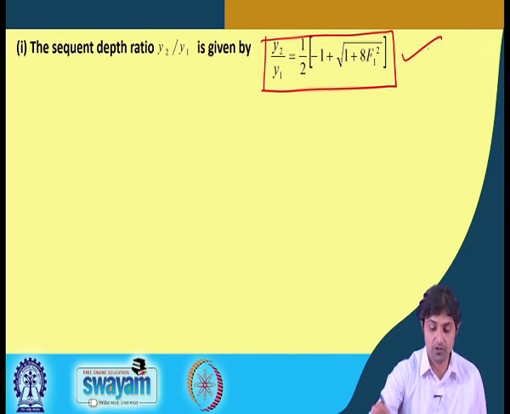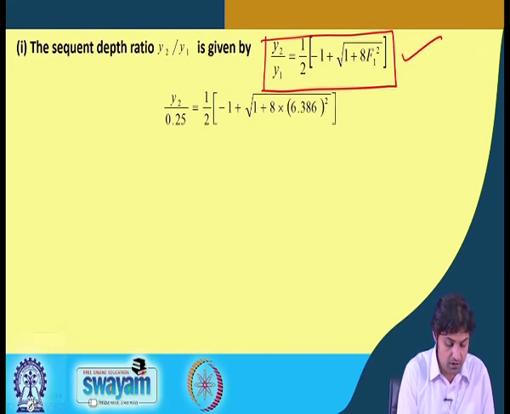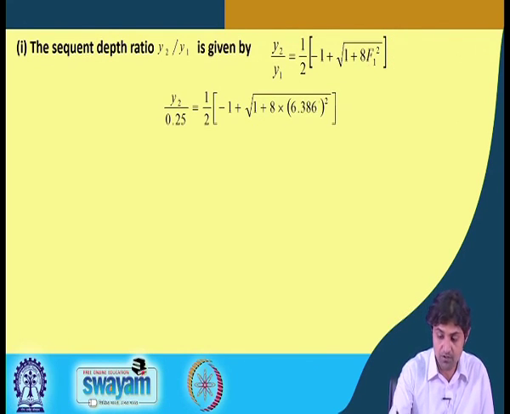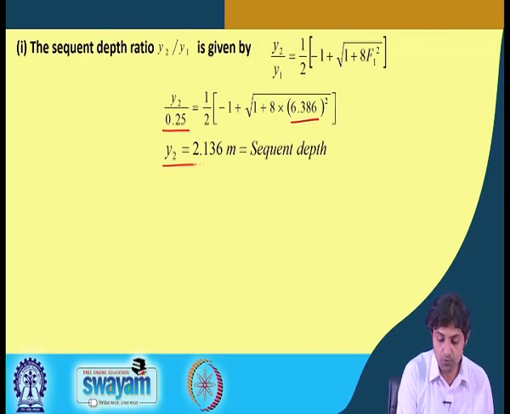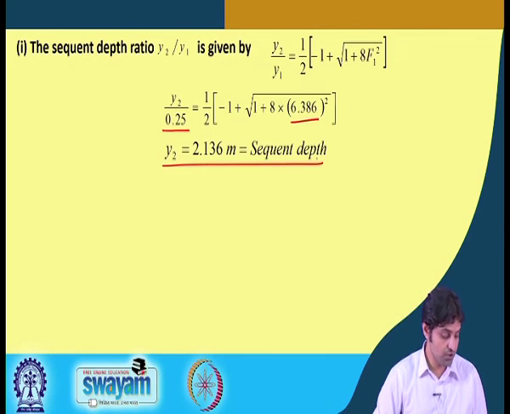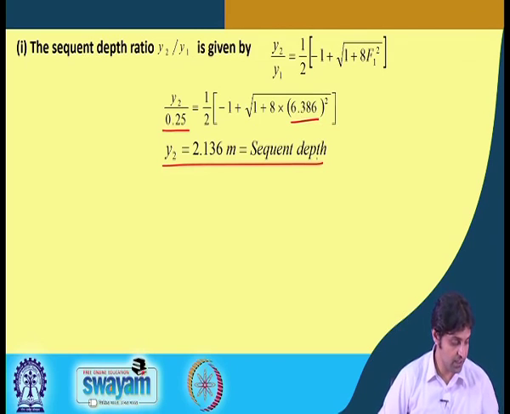This we have derived, you remember. Putting in the values, the Froude number came out to be 6.386, and y1 was given as 0.25 meter. So, y2 will come out to be 2.136 meter, which is called the sequent depth.